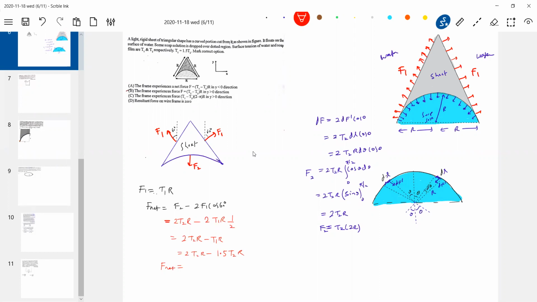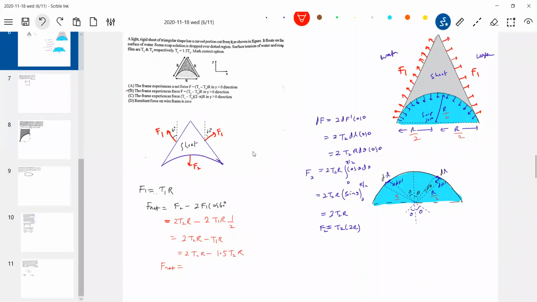Sir, F2 should actually be T2R, sir. Yes, sir, because there you took radius as R, but the radius of the semicircle is actually R by 2. This should be R by 2. Okay, fine. I'll do one thing.